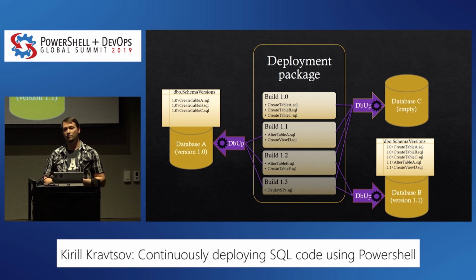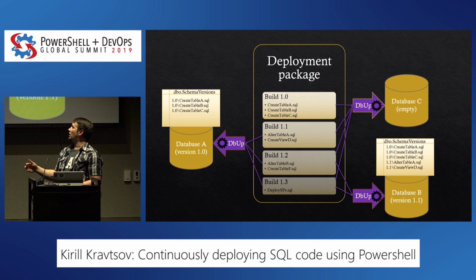Inside that zip file, there's metadata, there's configuration, and there's deployment scripts. Each package contains builds. A build is your set of scripts that brings the database from state A to state B, and this is a finished final state, the version of the database that you want to be in production.